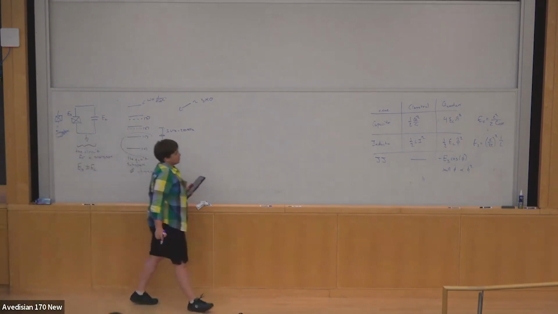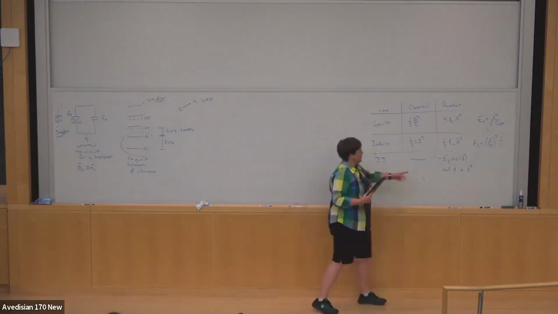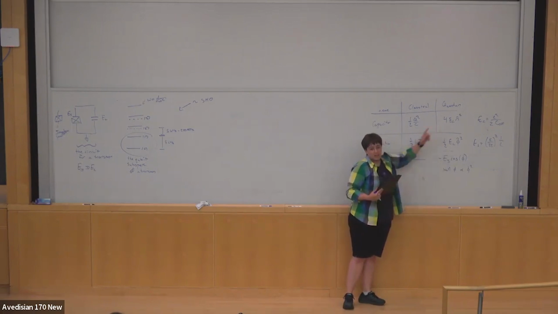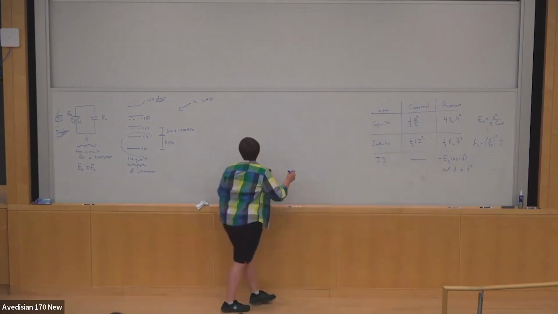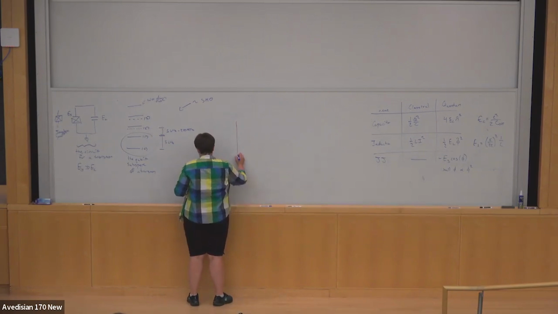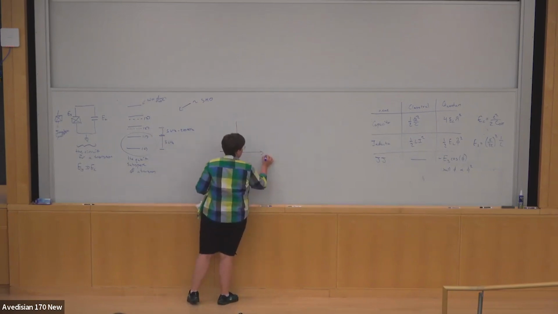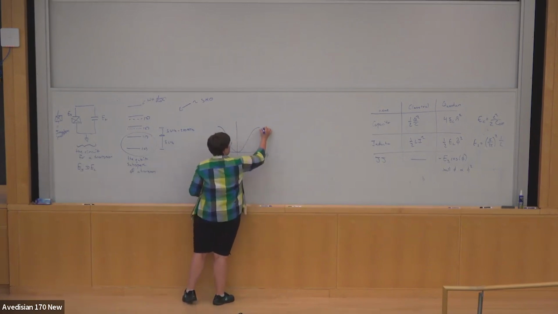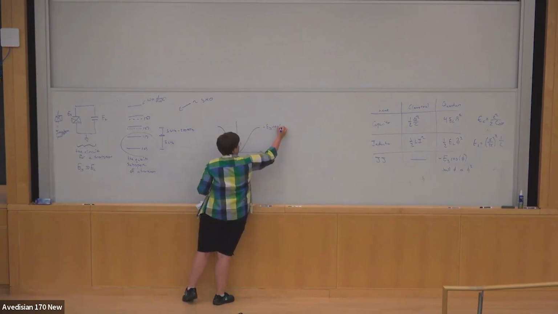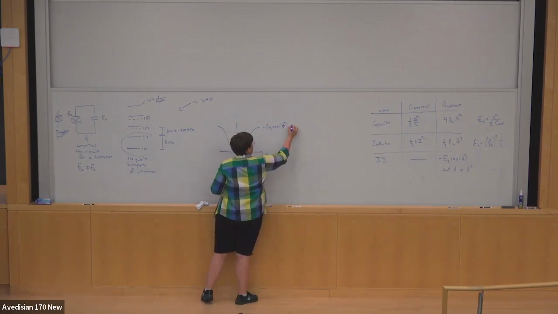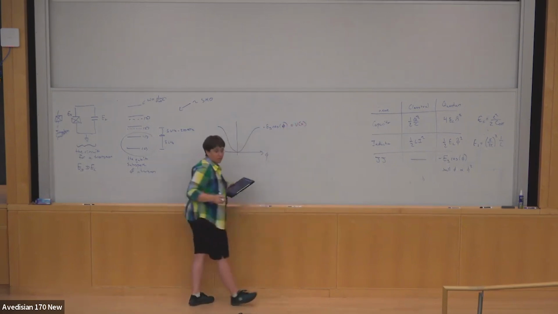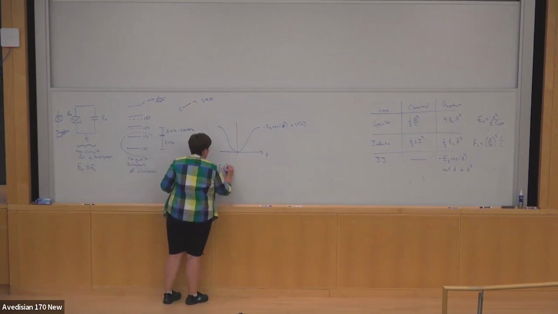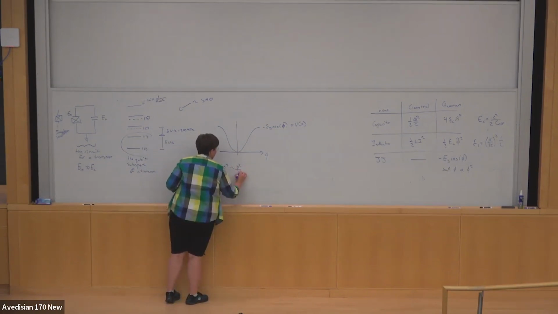And so the way that we're going to think about this is that the Josephson junction energy is going to be the potential, and the capacitor is going to be the kinetic energy. And so as a function of phi, you have this minus EJ cosine phi as your potential V of x, and 4 EC n hat squared is the analog of p squared over 2m.